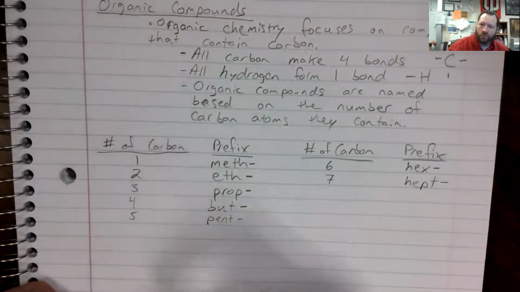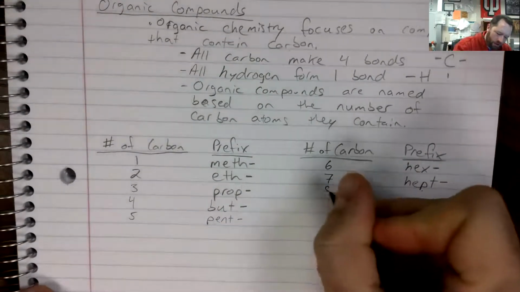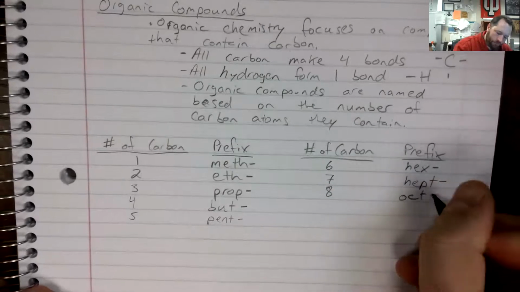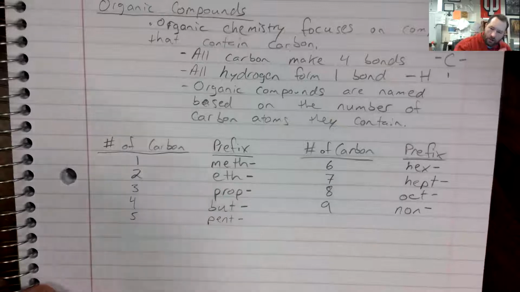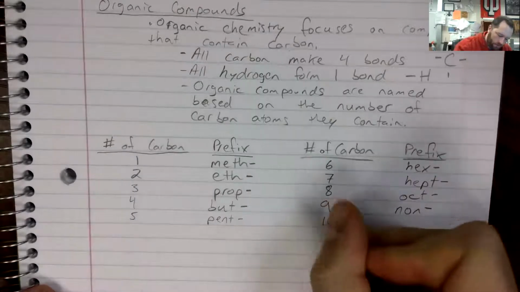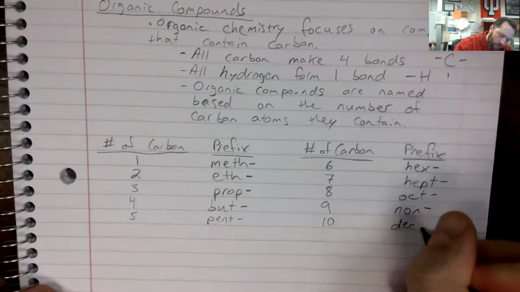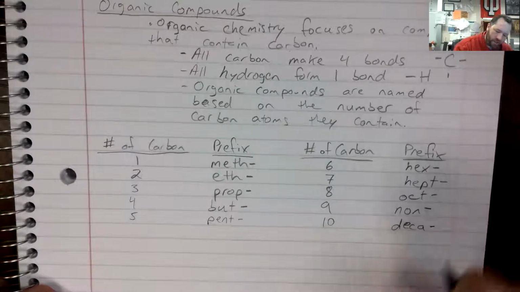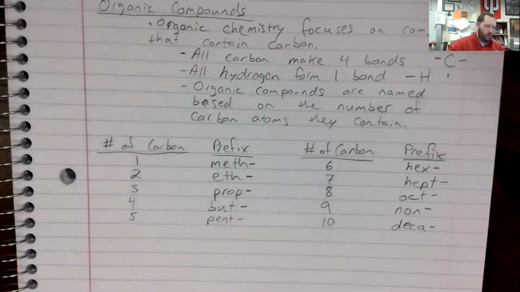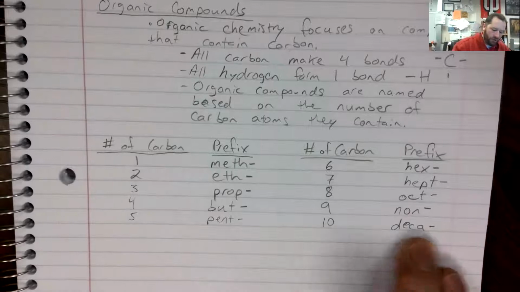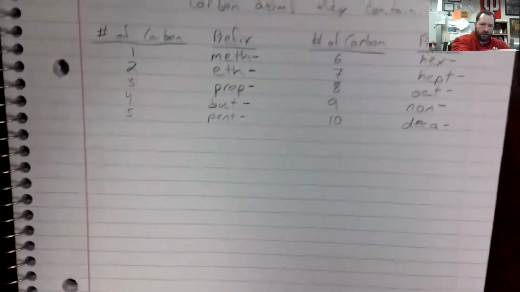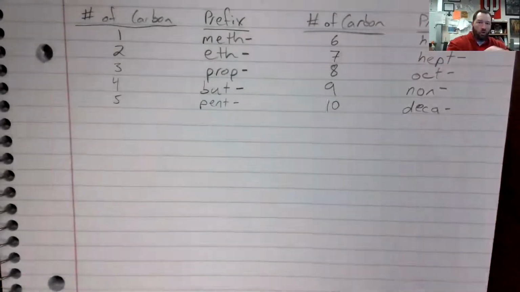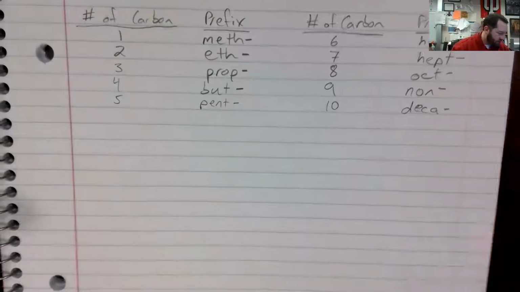Probably heard of that one before, heptagon. 8, we all know. 9, again, might take a little bit of studying, but 9 is non. And 10, we probably all know. Deca, like a decade or a decathlon, they all deal with 10 somehow. Make sure we are comfortable with these prefixes. That's kind of the building block on which all the rest of organic chemistry is built.